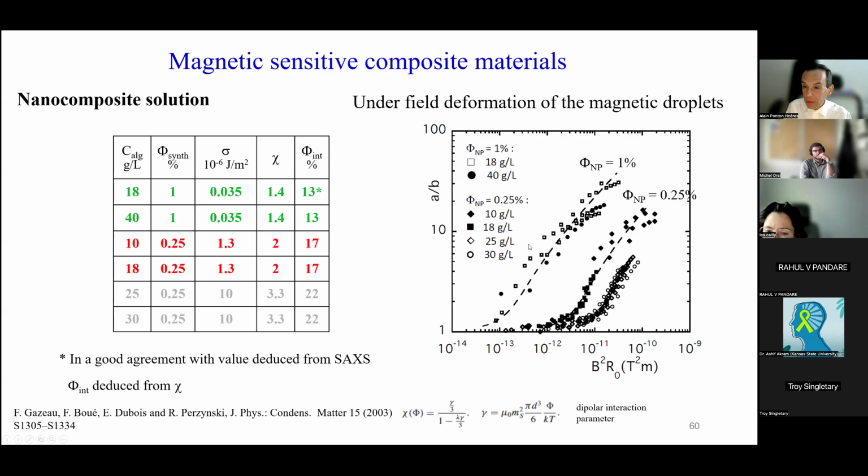So by fitting the experimental data, you can deduce the interfacial tension, the magnetic susceptibility, and the volume fraction of particles inside the droplet.